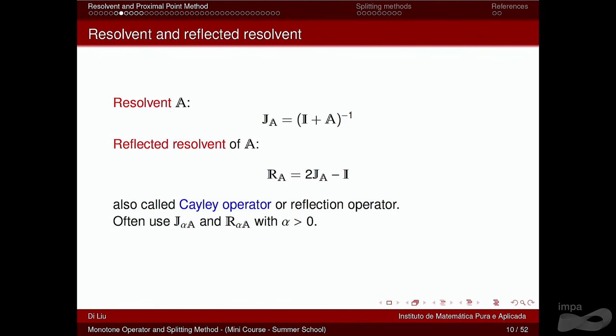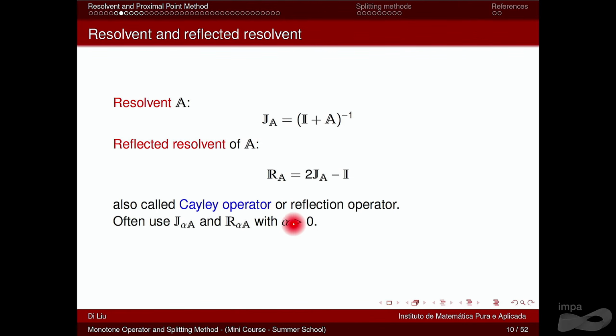You can regard the resolvent as a projection. If J is a projection, then R is a reflection, consistent with the projection and reflection as we mentioned before. It's also called the Cayley operator or reflection operator.